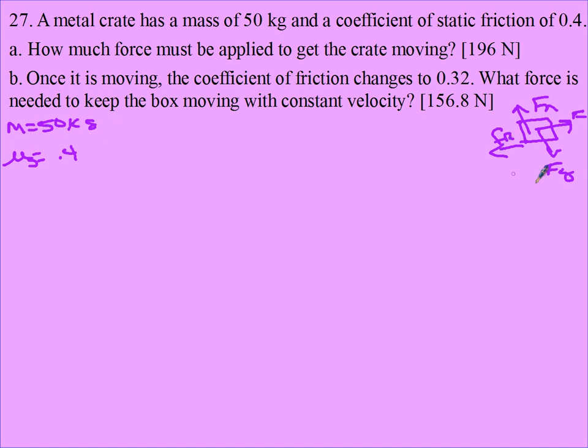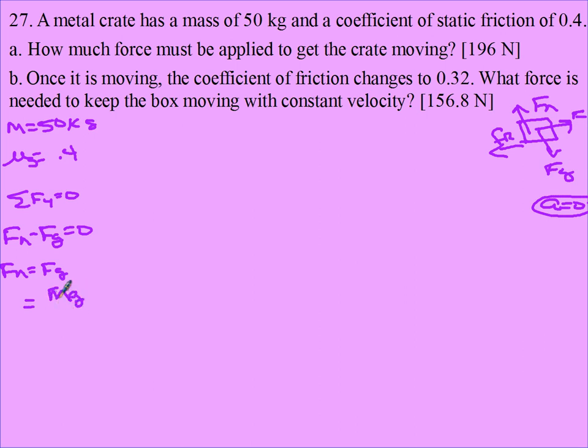In order to get it going, we know it's not moving, so the acceleration is 0. Okay, sum the forces in y is 0 because it's not moving in y. So I have Fn minus Fg equals 0. So the normal force has to equal the force due to gravity. So this is going to be mg.